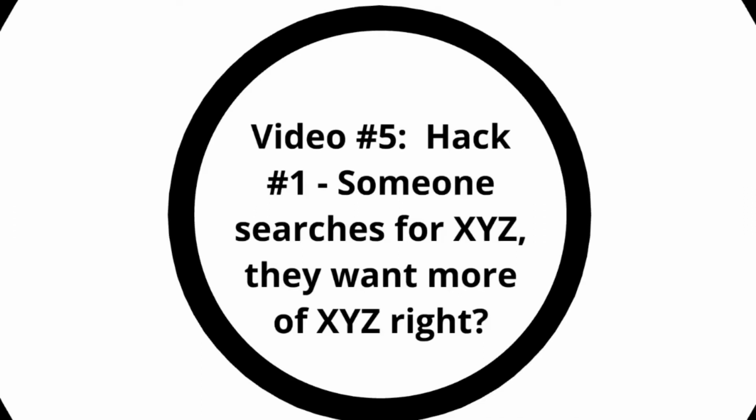They might find it, but then they're going to look for more of it. In other words, they search for XYZ, they want more of XYZ. So how can you make it easier for them to find that information, such as related posts? What kind of plugins can you use to help you with that?